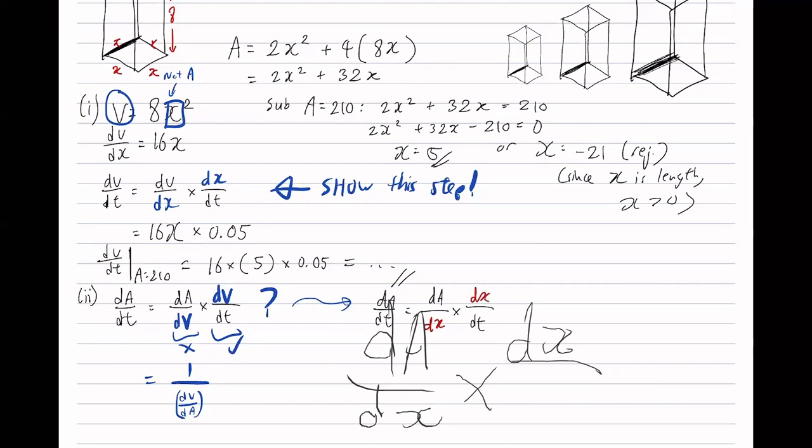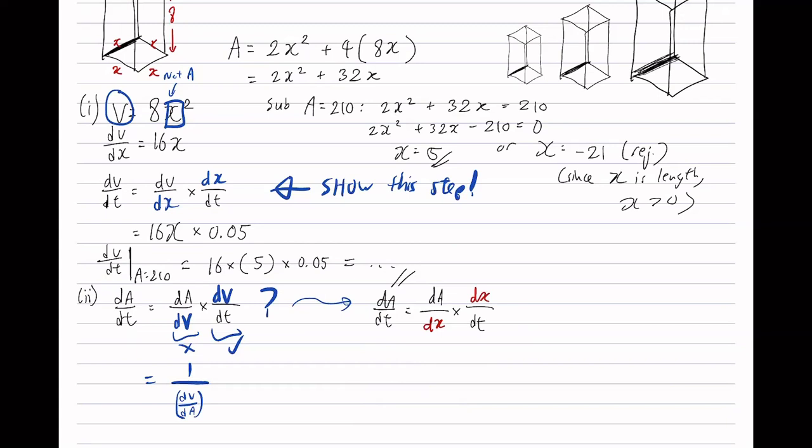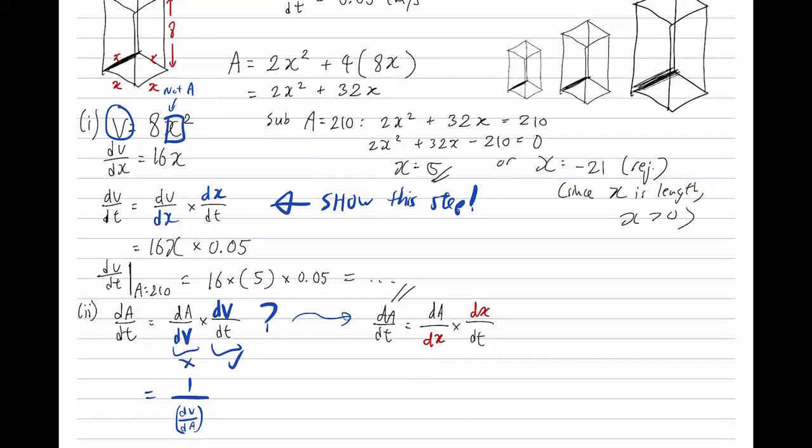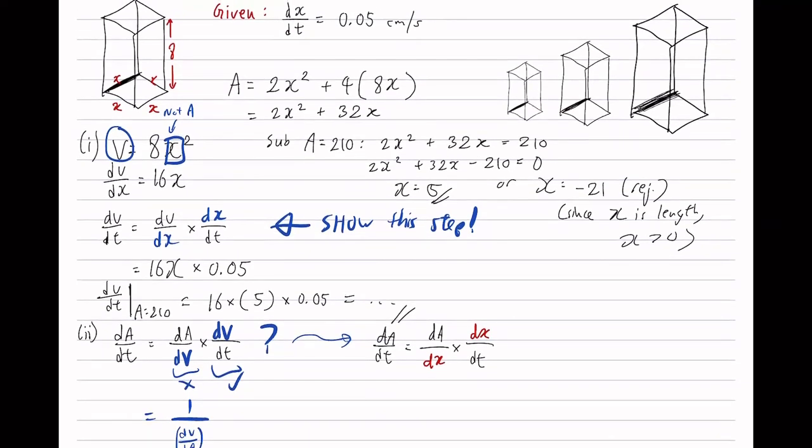Wait. Hold up. Okay. Yeah, much better. Over dx by dt, correct. And then dA by dx is? Do it at the side. You have the formula for A here. Exactly.